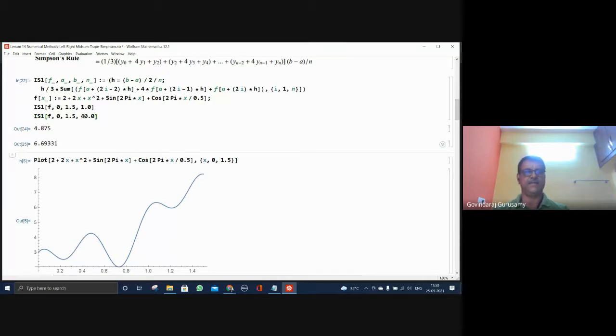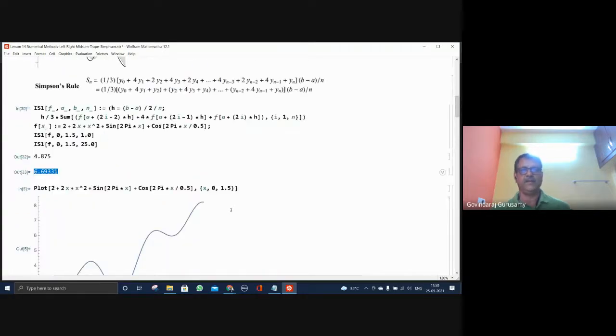Yes, 20, 6.69. So with 25 points, we have reached this number, which is going to be the same. So this is the area under the curve for this function, in the region 0 to 1.5. And actually, what is the area which we refer to is filling.